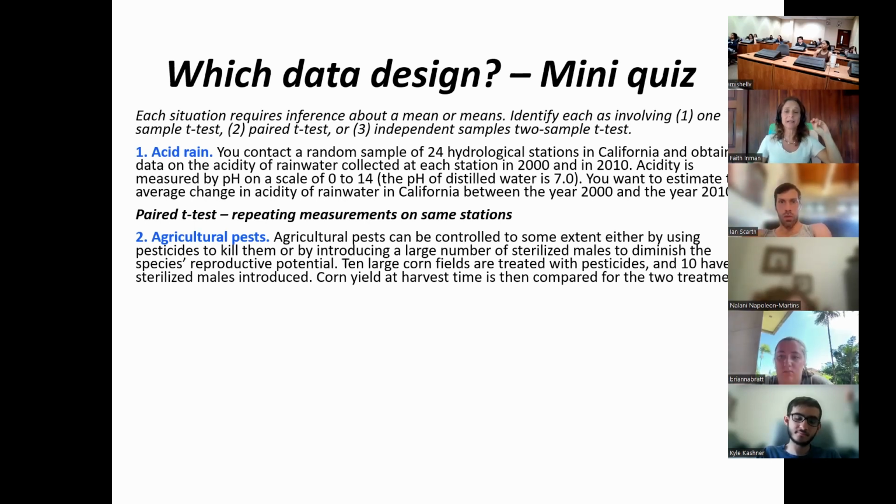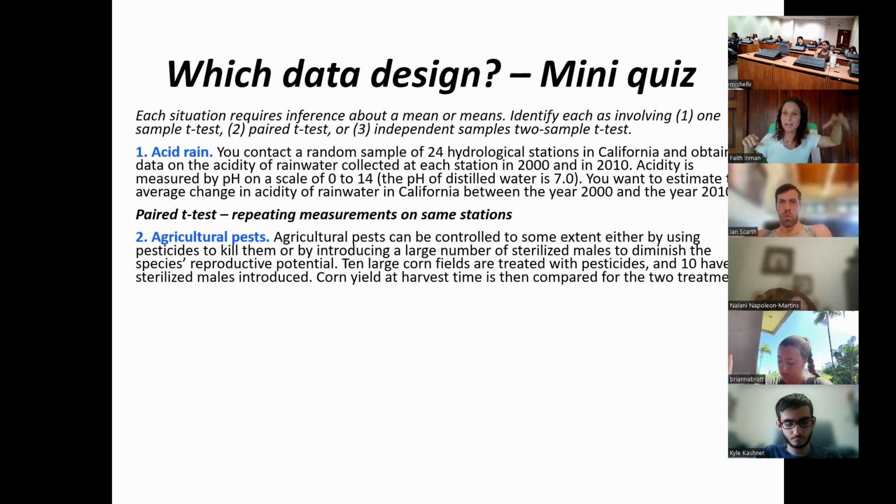One way to think about it is, how many total cornfields do we have? Right here with the paired t-test, 24 hydrological stations measured twice each. We only have 24. If we had measured 48 of them, they would be unrelated, right? 24 this year, 24 that year, they're unrelated.